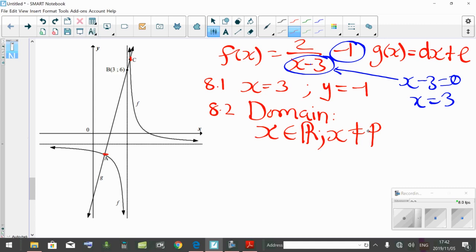But in this case, we know our value for p. P is the asymptote. So we are saying x is not equal to 3. You can easily see it from there. Our graph will never be equal to 3 since it's an asymptote. Right, next question.